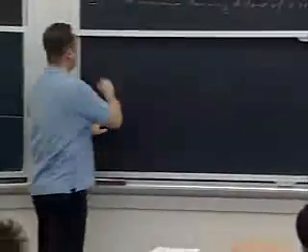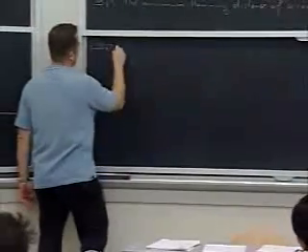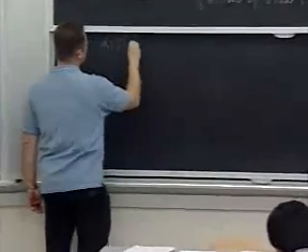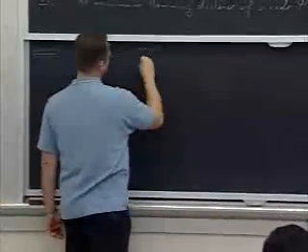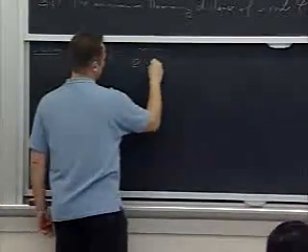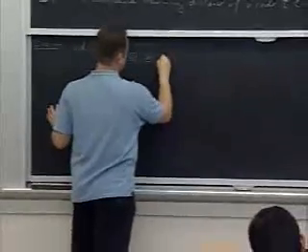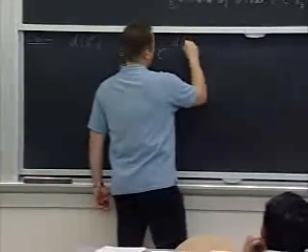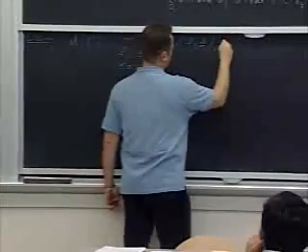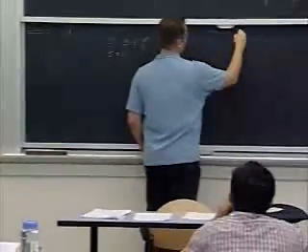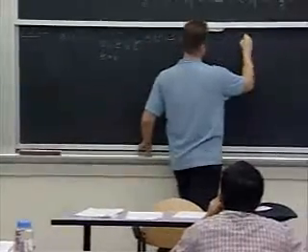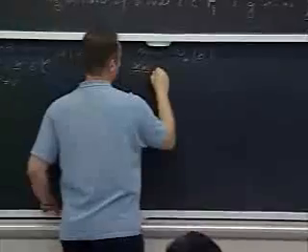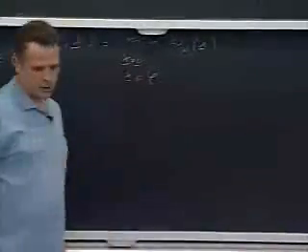So now I claim that the minimum distance of a code is also given by the minimum of the distance between 0 and x for x in the code, and this is the minimum of the Hamming weight of x, for x unequal to 0, x in the code.